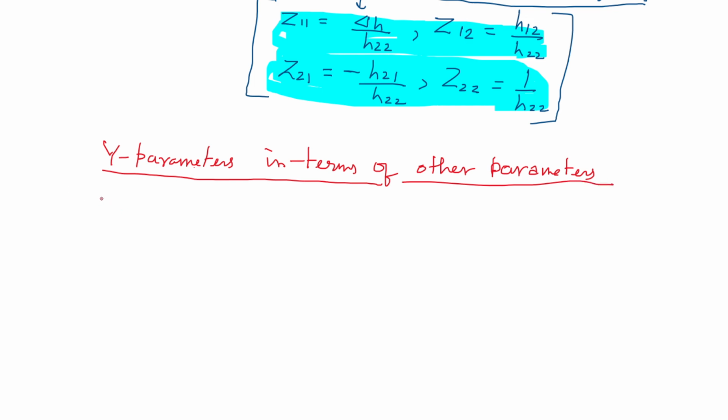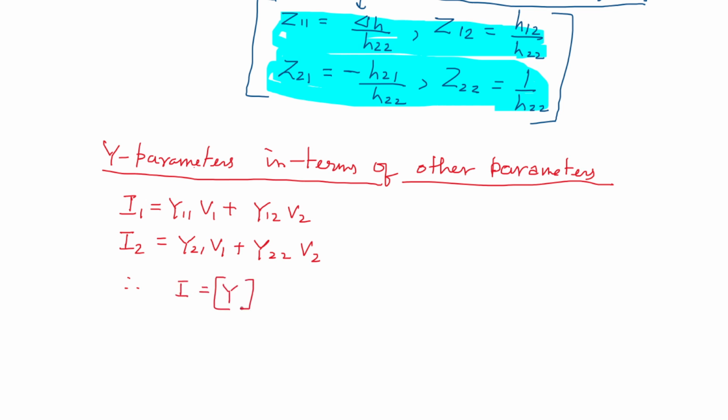Our fundamental equation is I1 is equal to Y11 V1 plus Y12 V2, and another equation I2 is equal to Y21 V1 plus Y22 V2. So therefore we can write I is equal to Y matrix into V, right?